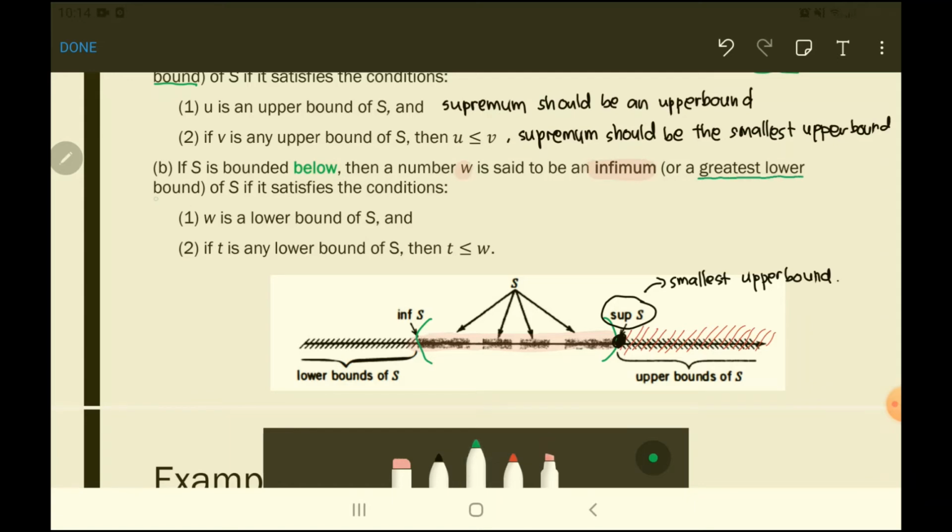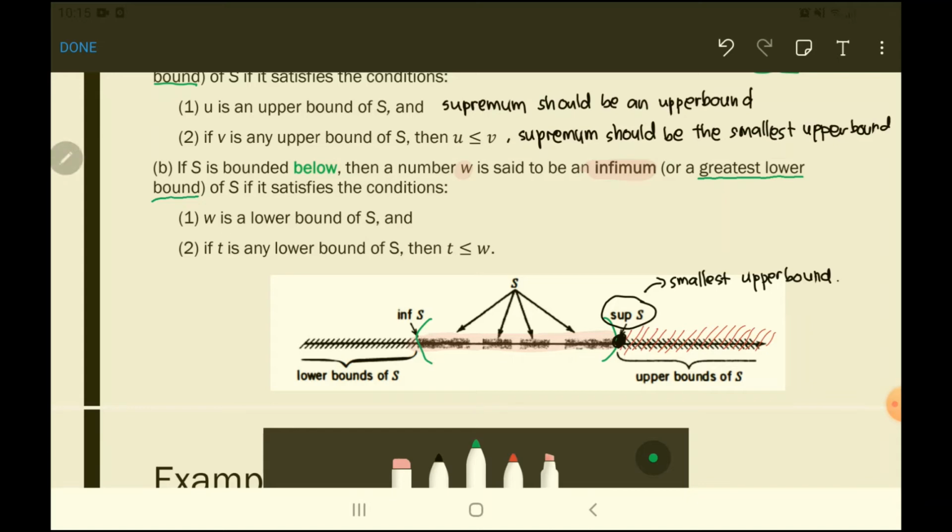I believe you will notice that the infimum should be the greatest among all lower bounds, as we learned that a set can have many lower bounds, but the infimum is the greatest of all lower bounds.